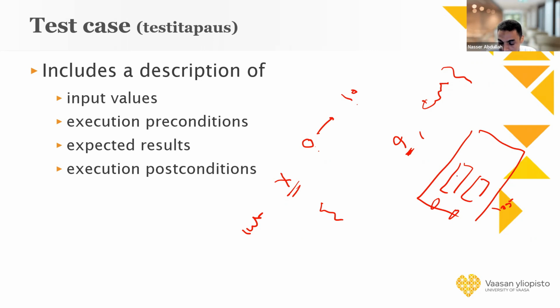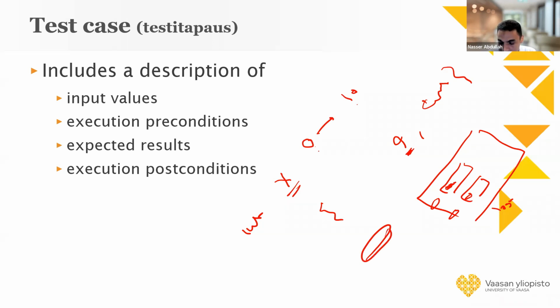As the test data, the input value should be the username and password. So what is the precondition here? We can say the user should have an account. This is the precondition.